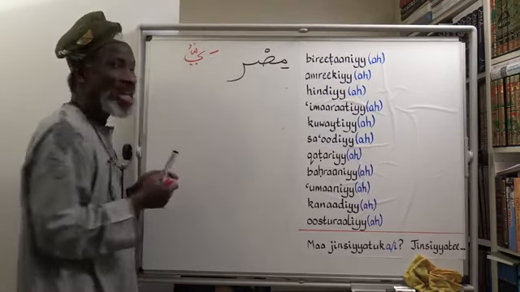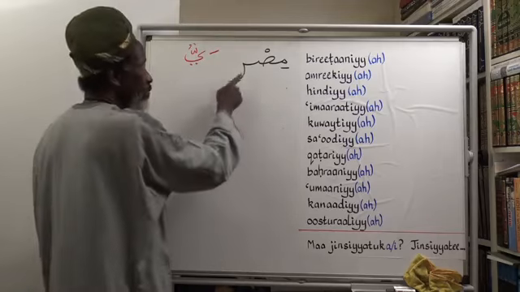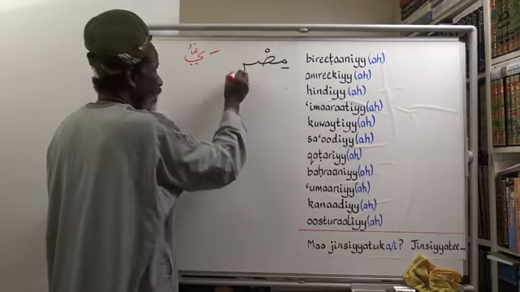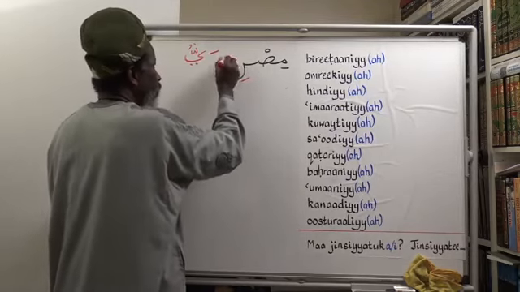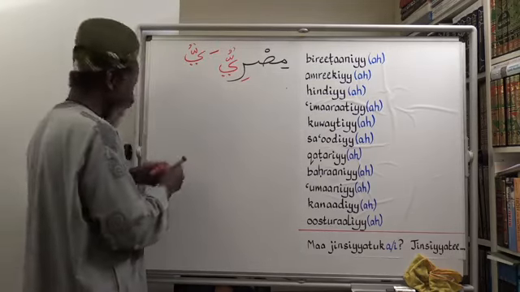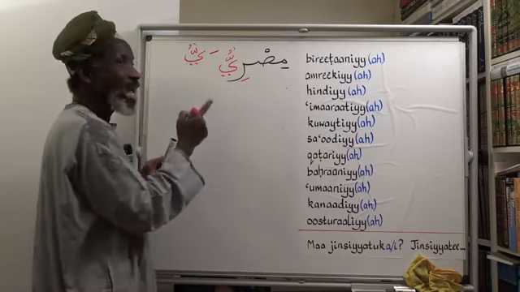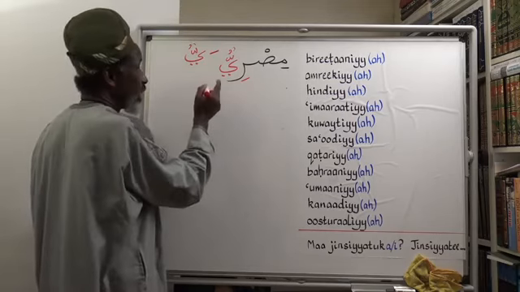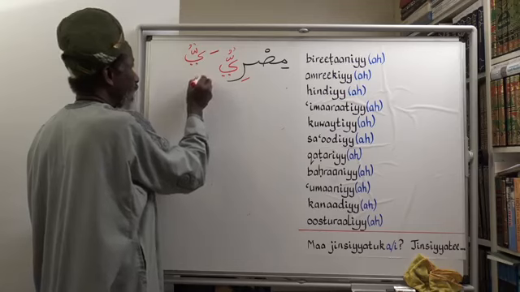So Iyun is the ending. So it becomes Misriyun. Egyptian, as a male. If you want to do female, the ending will be Iyatun. So Misriyatun.